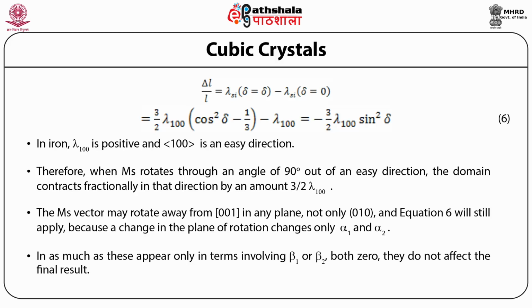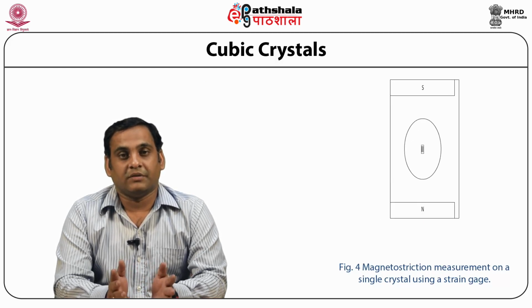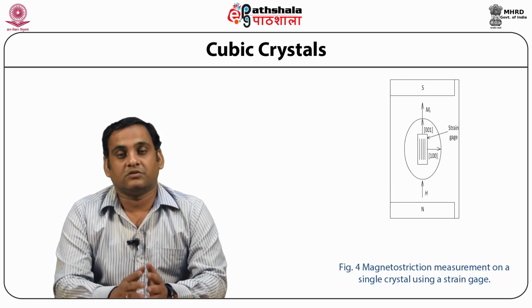If the demagnetized state is non-ideal, the zero of strain in this diagram will be shifted up or down and the lambda st values shown will become lambda s values. However, the strain delta L by L resulting from a change from one saturated state to another will remain the same. These results show that magnetostriction constants can be determined without any uncertainty regarding the demagnetized states by making strain measurements as the Ms vector rotates from one orientation to another in a saturated crystal.